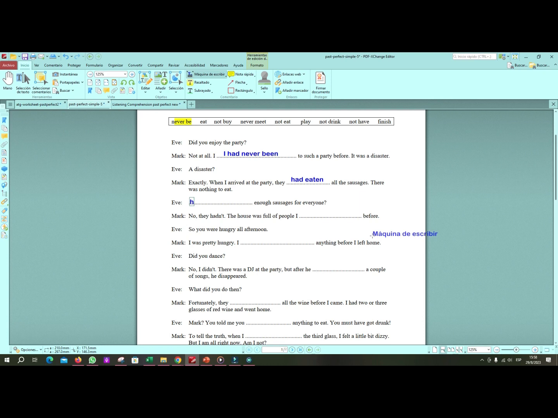No? So that is negative, right? Hadn't they, that's a question, bought, not be. So, hadn't they bought enough sausages for everyone? No, they hadn't. The house was full of people.